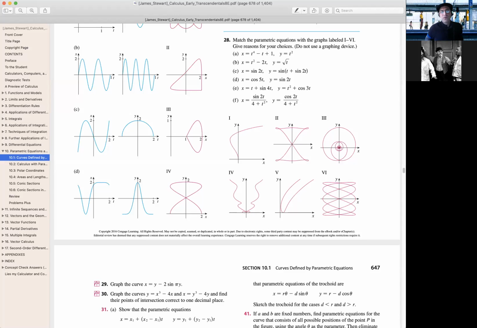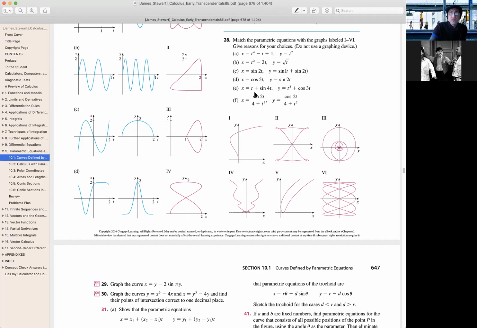Okay, so now we're left with two different things left over, equation C and equation D. Now, equation D is very regular looking, whereas equation C is much less regular looking, in the sense that if I take t and replace it with t plus 2 pi, I get back to where I started. By the way, the only graphs left over are graphs 6 and 2.